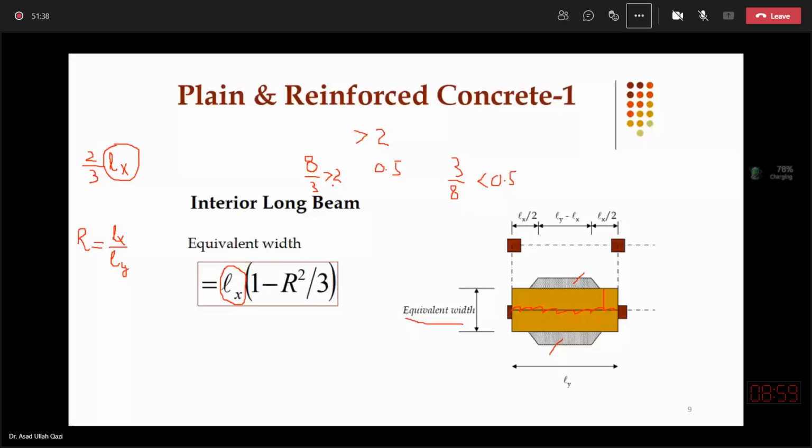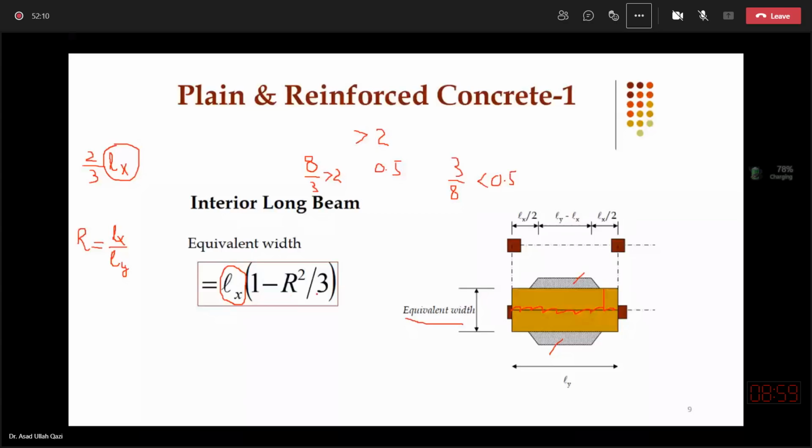Longer over shorter greater than 2 or shorter over longer less than 0.5 means one-way. And vice versa, if it is less than 2 or greater than 0.5, it will be two-way. But in this equivalent width derivation, you will get R as the ratio of shorter over longer.